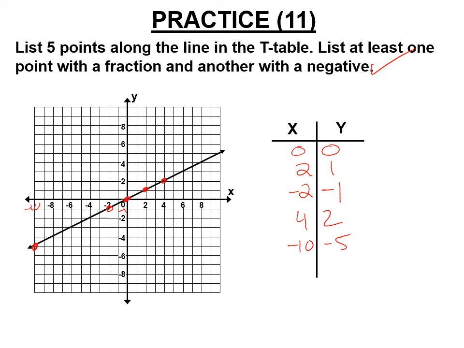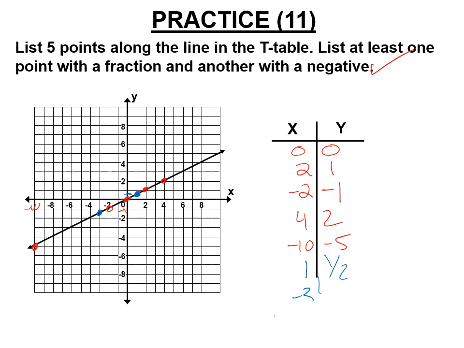All right, so now let's see if we can find one with fractions. What would this one be right there? I just did it in blue. Well, x would be 1, and we're halfway to 1, so that's (1, 1/2). Let's do this one right there, sorry.